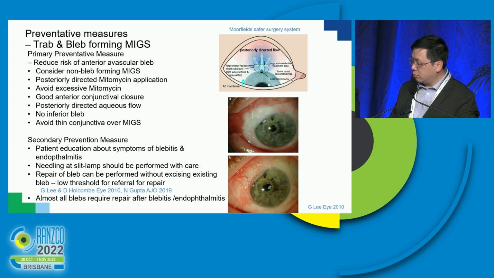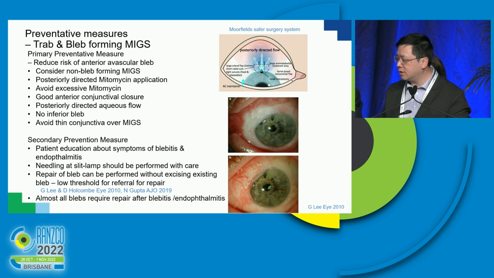Some of the preventative measures, primarily: how do we avoid having an anterior avascular bleb? First of all, consider non-bleb forming techniques such as trans-trabecular meshwork MIGS rather than bleb forming MIGS, which might be an option for some patients.